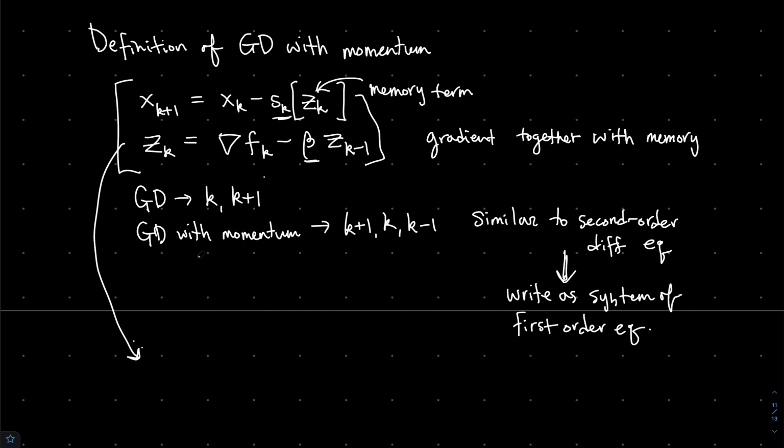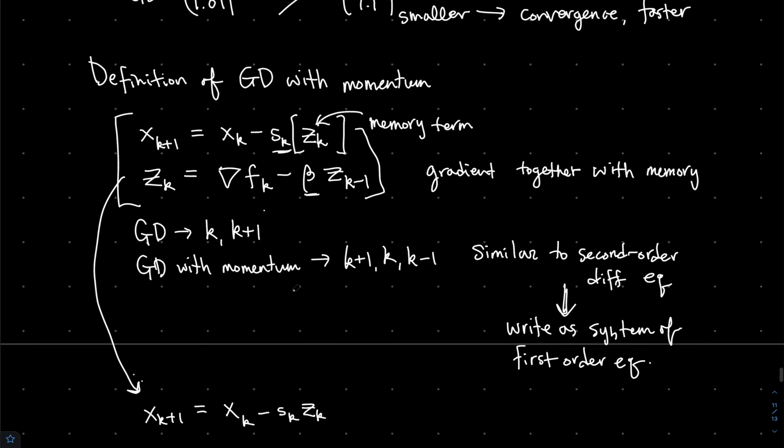So, the first equation we can write just the same as xk plus 1 equals xk minus sk. Let me omit the bracket and write as sk minus skzk.